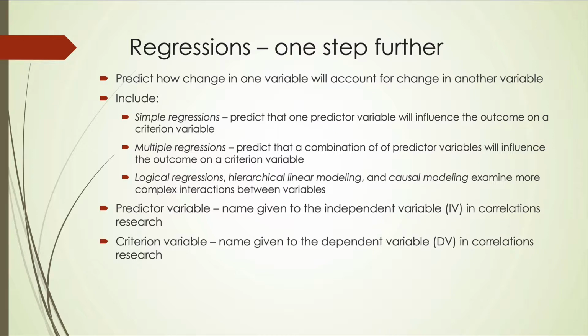A regression analysis is like a correlation, and we're going to see examples of this in the literature that I show you. A regression analysis allows us to predict how much one variable accounts for the change in another variable. It says how closely does one measure predict another measure.